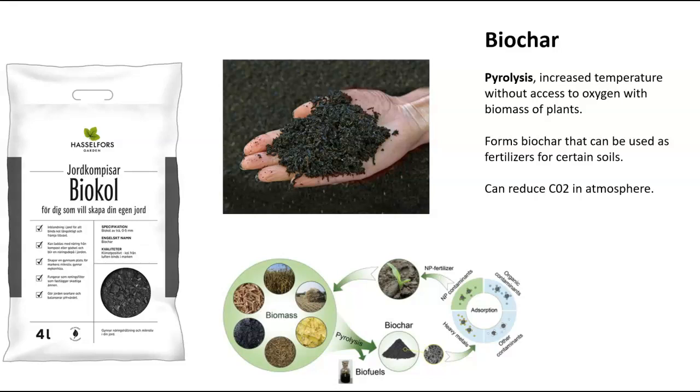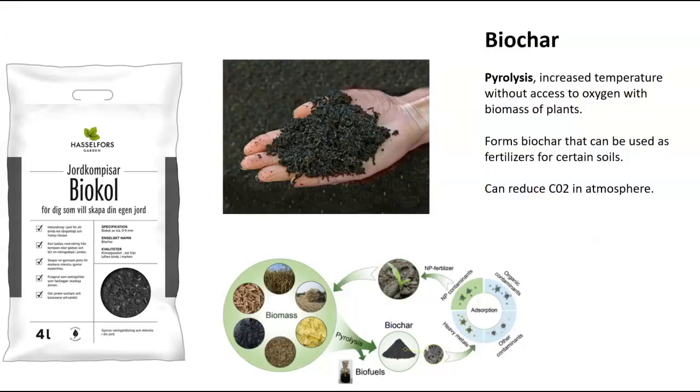It also increases the fertility of the soil. So this could be very important for agriculture, and at the same time reduce carbon dioxide levels in the atmosphere. So this might be someone's idea, who knows, looking at how biochar works.